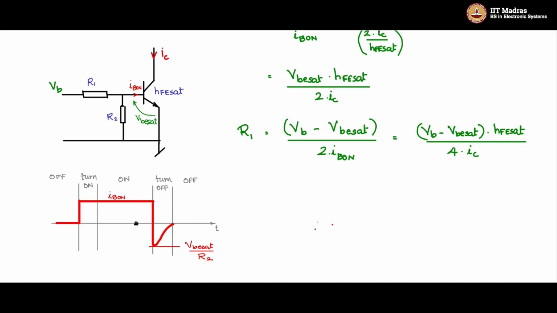So this is how the drive currents will look like for a circuit of this type. There is no speed up, but otherwise you have other aspects of the drive current requirements being met. So this is a very, very simple base drive circuit, and it is a building block for many other complex base drive circuits, which we will see later.